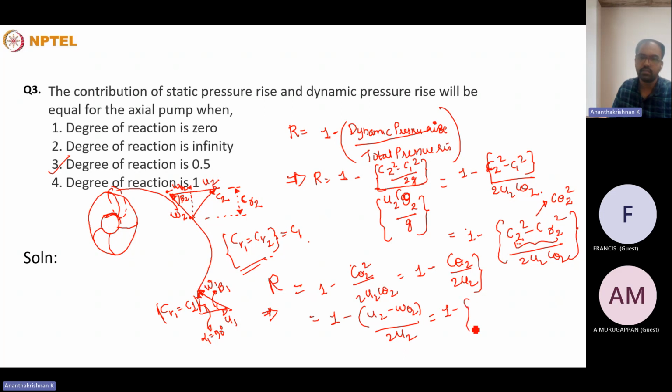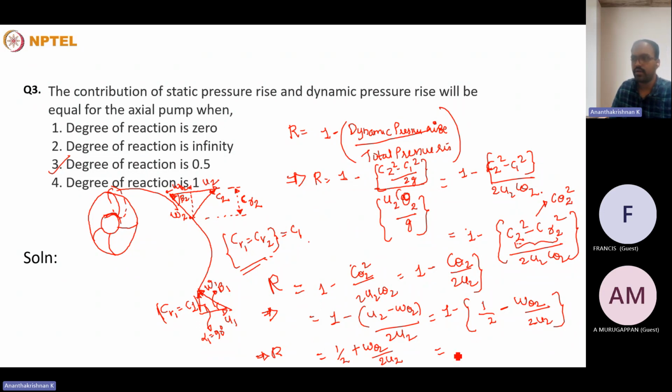The numerator will have two parts. So it will reduce to, that implies R is equal to 1 by 2 plus W theta 2 divided by 2U2.